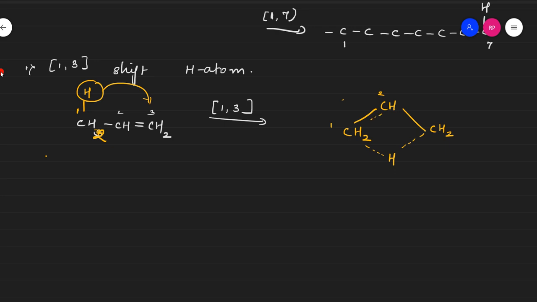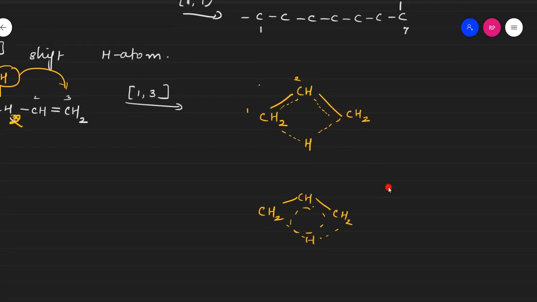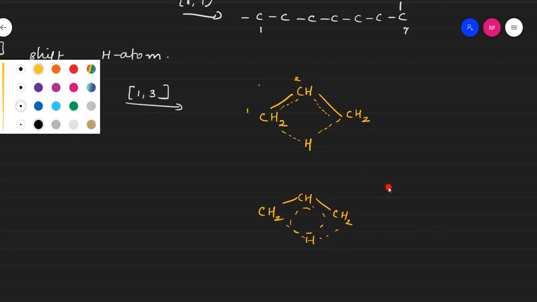Now here a new bond will be formed and one of the bonds is going to break. This can also be written this way. You need not write the dotted line separately; simply show the circle with a dotted line. And now this is going to form a bond.